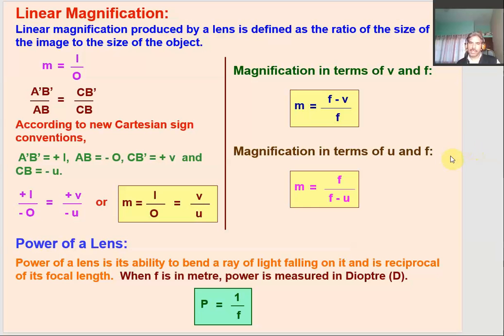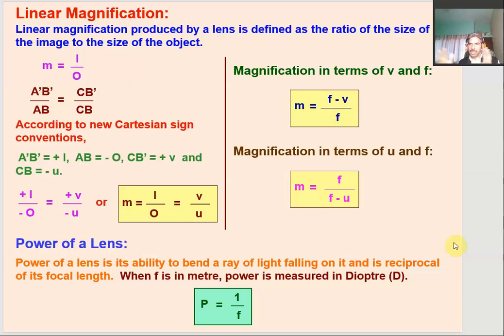So power of a lens is its ability to bend a ray of light falling on it, and it is found by the reciprocal of the focal length.